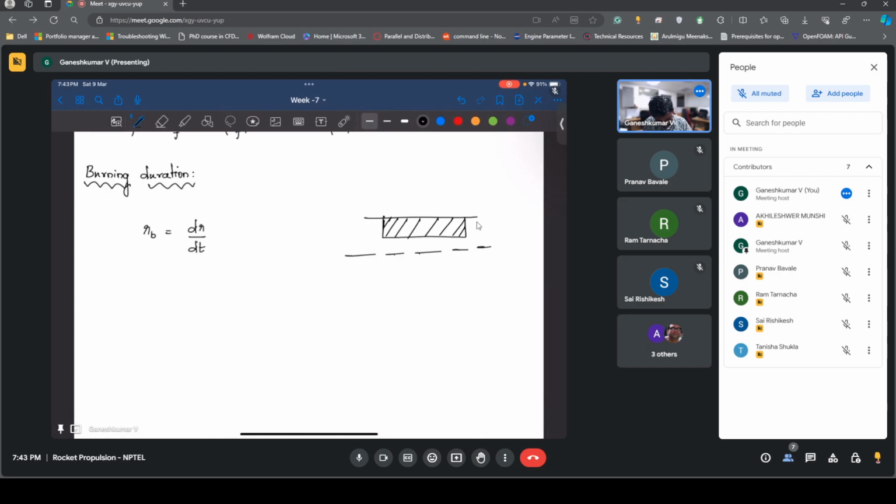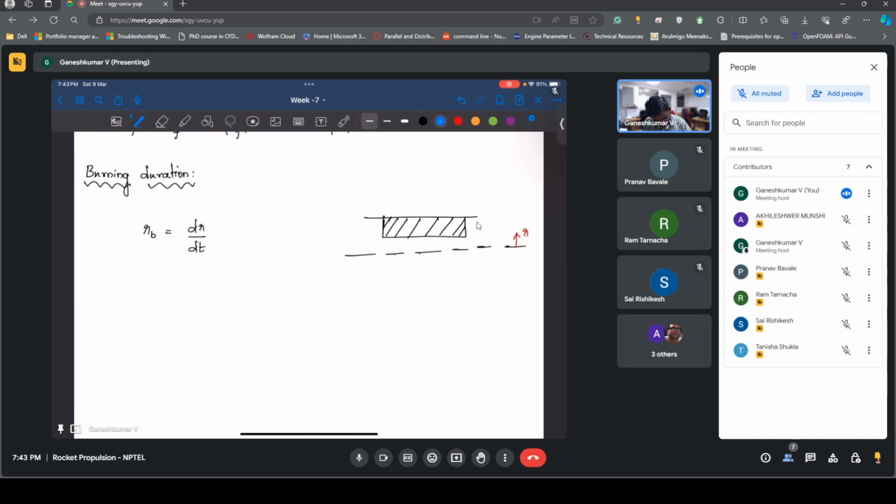Okay, so this is our burning propellant, and this is the center line, and this is our radial coordinate.